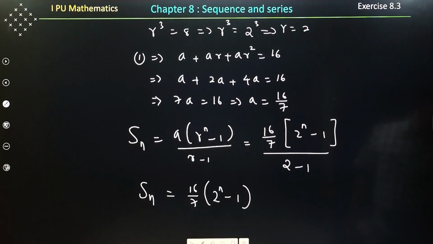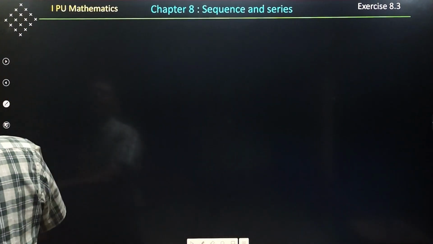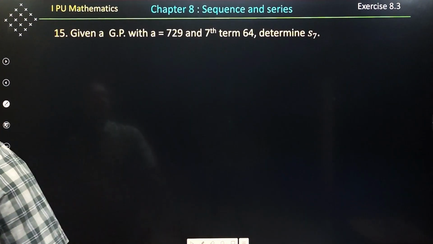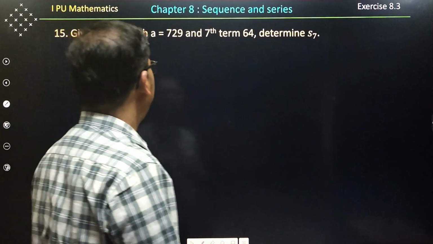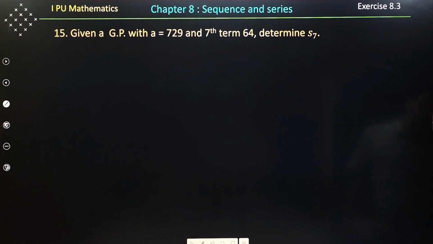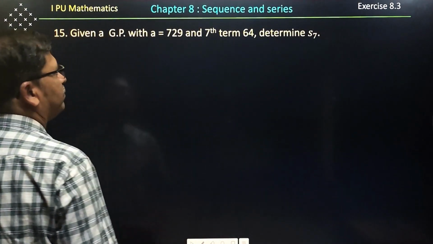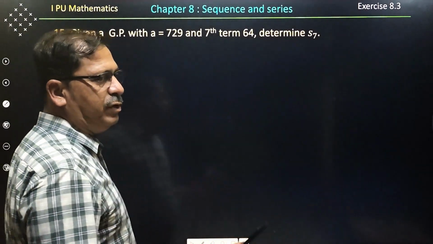Now let us move to the next question. Given a GP with A equal to 729, first term is 729, seventh term is 64, and determine S7. Sum to 7 terms you need to find out. For this we need a common ratio.